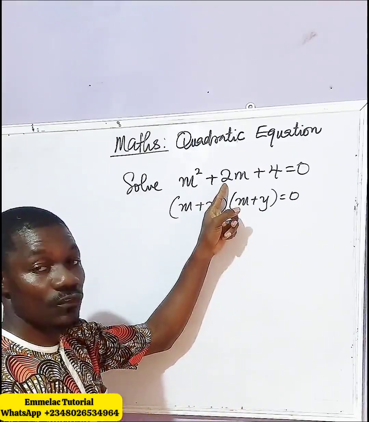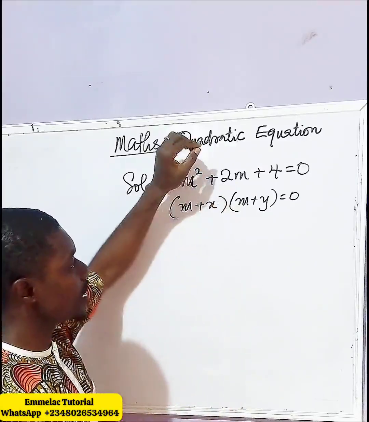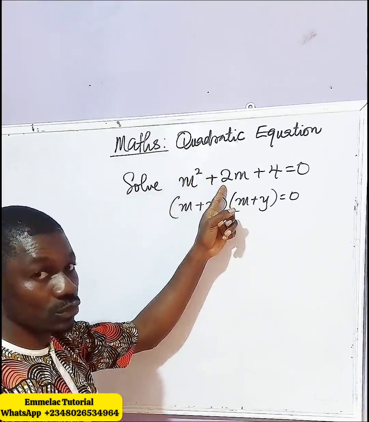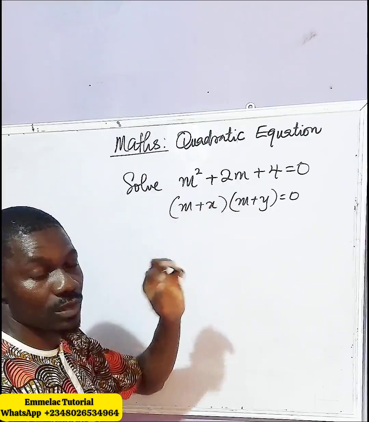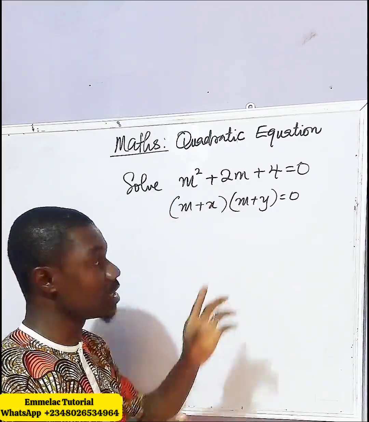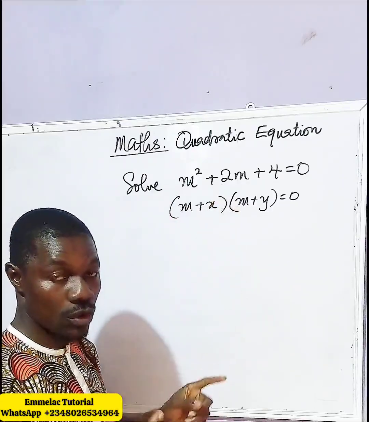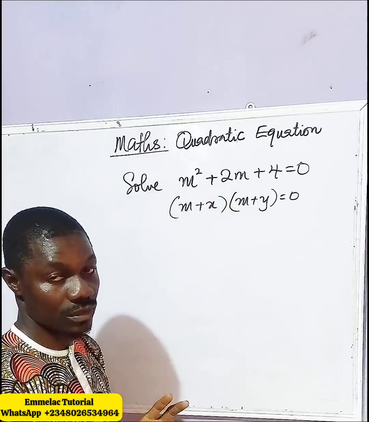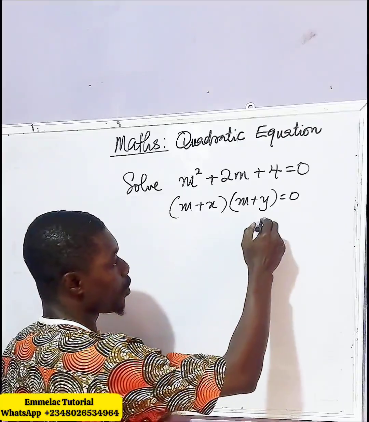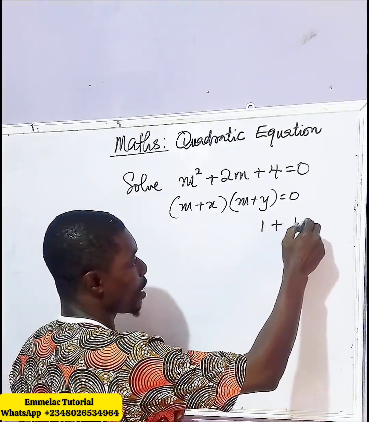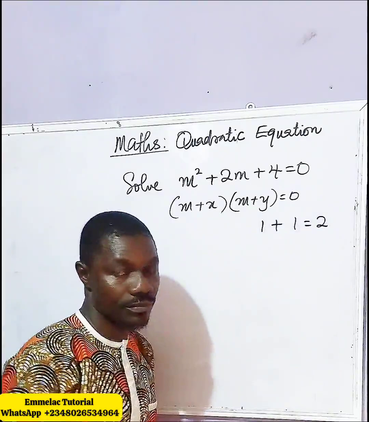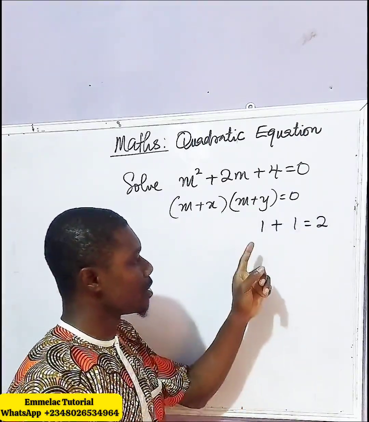Now what we need to do first is find two numbers whose sum is 2, starting with the two equal terms, which is 1 plus 1 equals 2.